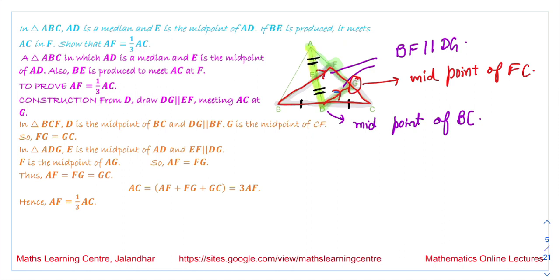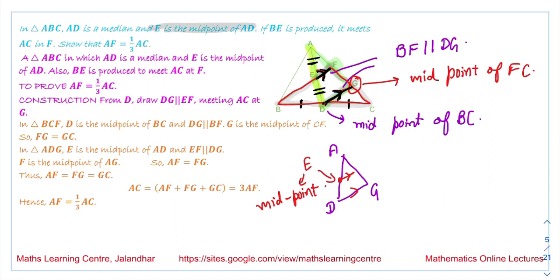In this triangle ADG, these two lines, EF and DG, are parallel to each other. And E is given as the midpoint of AD in this problem.